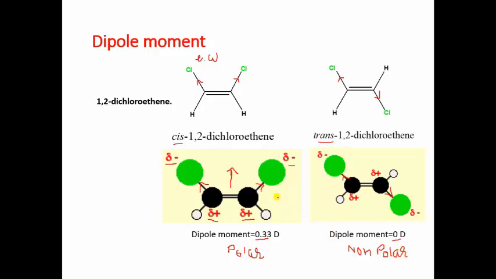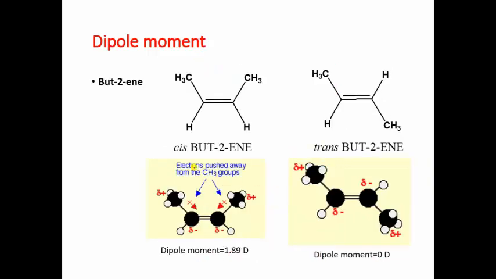By taking another example, butene. In this, the CH3 group is an electron releasing group. It releases the electron towards the carbon. So the CH3 group gets a partial positive charge and the carbon gets a partial negative charge.